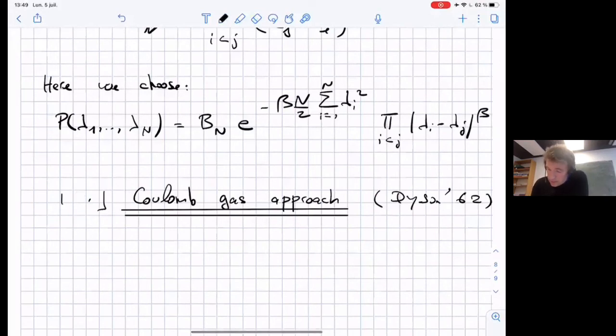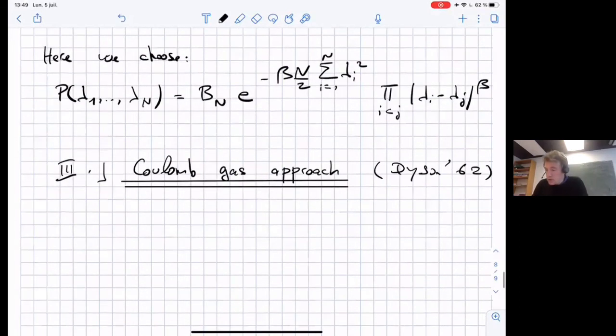The idea might look quite simple at the beginning: it is just to rewrite this term in a more physical way. Physical means that I want to have statistical physics in mind.